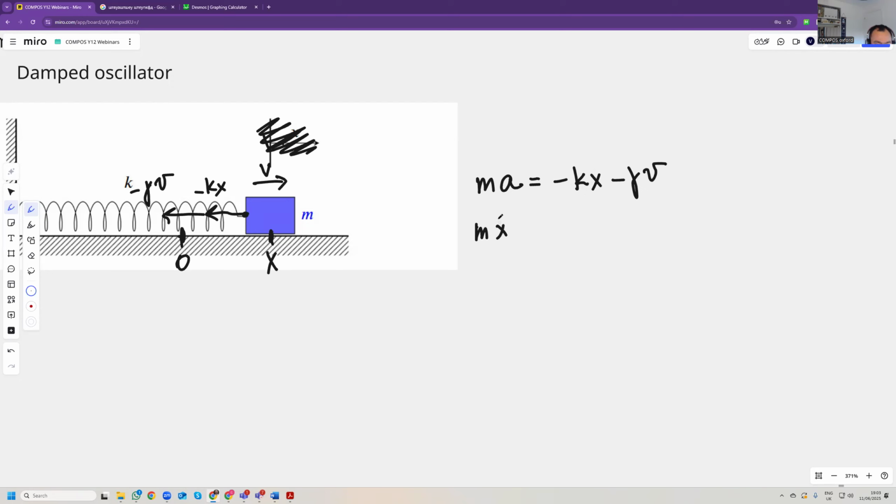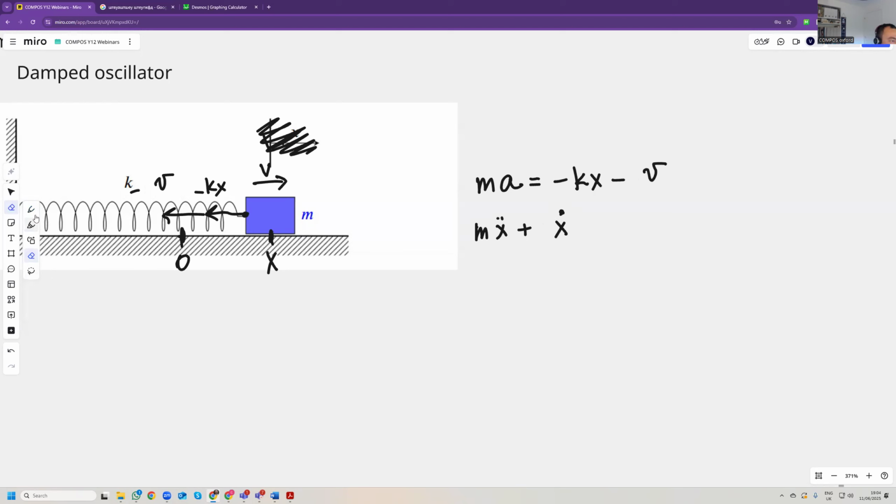And then we have m x double dot plus, sorry, let it not be gamma, I'm going to use gamma later on.